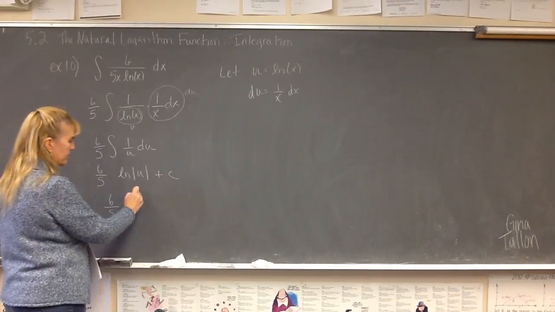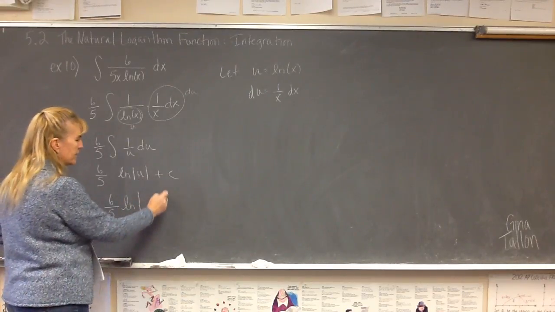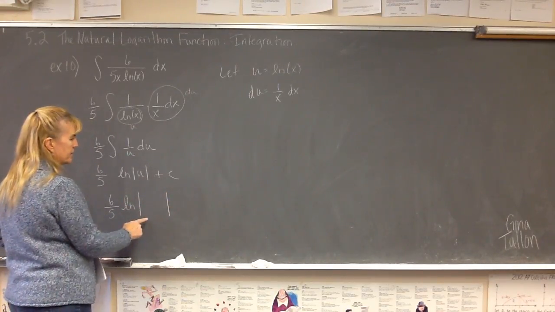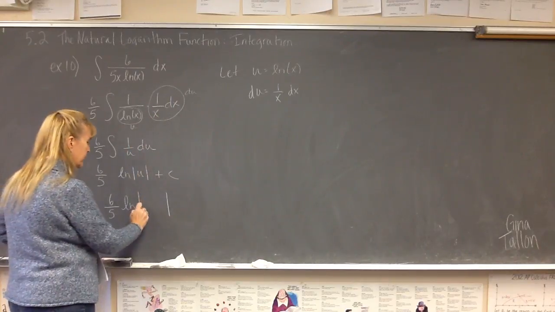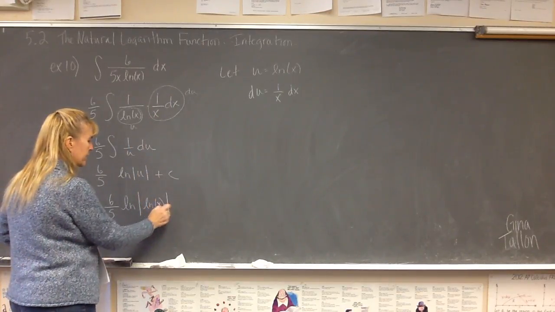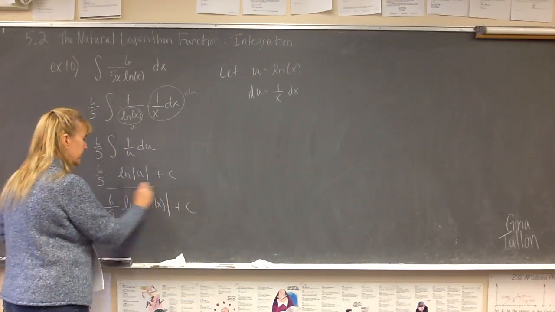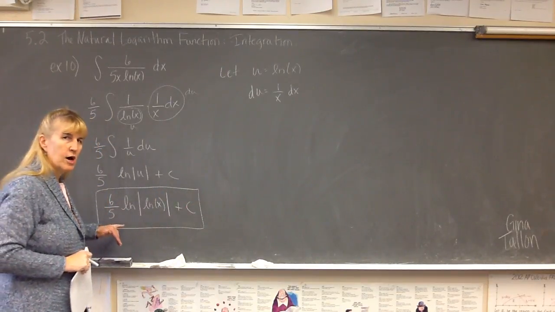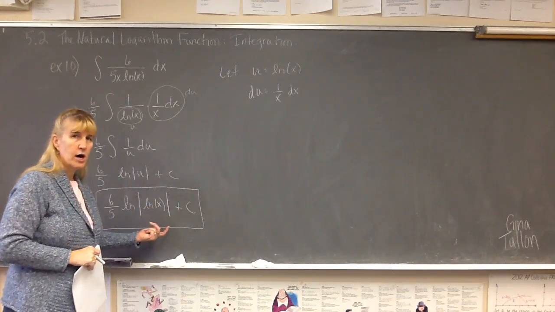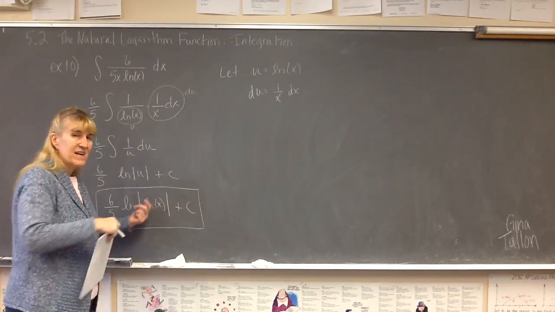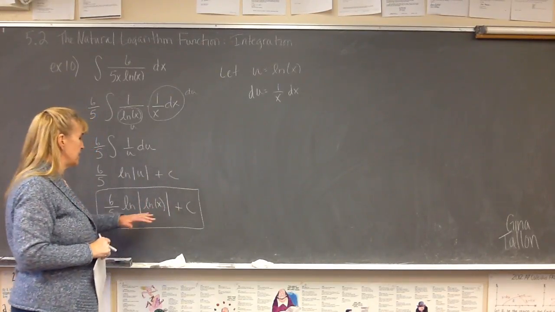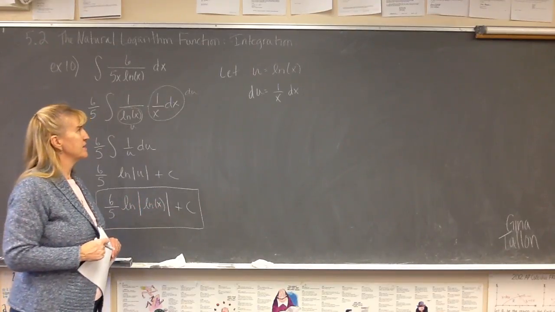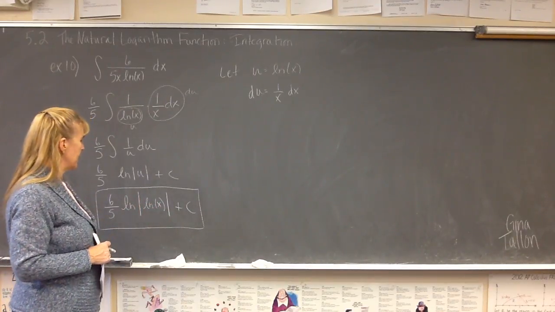So natural log of the absolute value, my u has to go inside these absolute values, and my u itself was natural log of x. So this is very strange to actually have a natural log of a natural log. This is like a natural log embedded inside another natural log function, and it happens. I'd like to say it never would, but it definitely will happen.